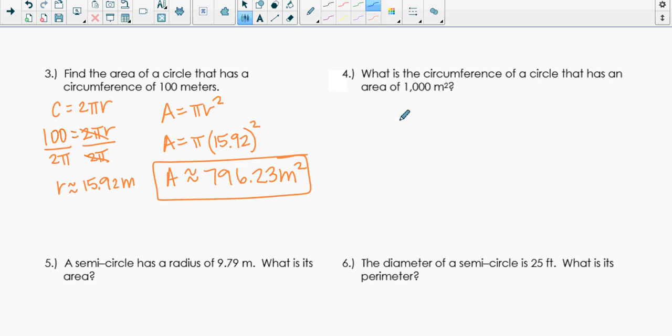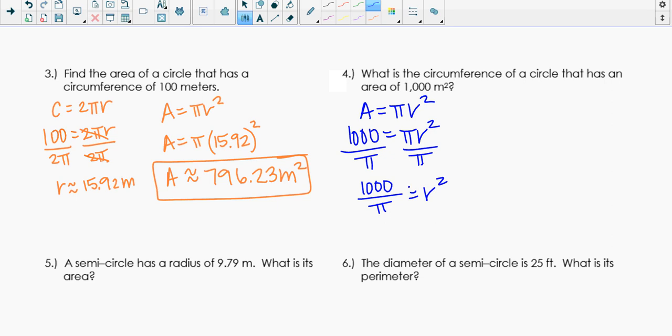Number 4 is the exact same thing, but the opposite way. What is the circumference of a circle that has an area of 1,000 meters squared? So we know area is pi r squared. So area is 1,000 equals pi r squared. We divide by pi, and we get 1,000 divided by pi equals r squared, and then you can square root both sides.